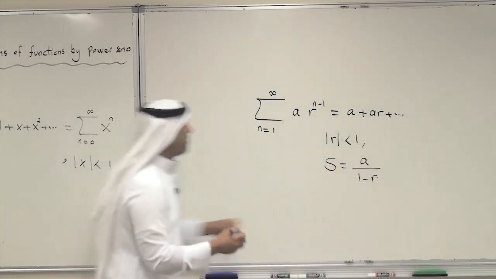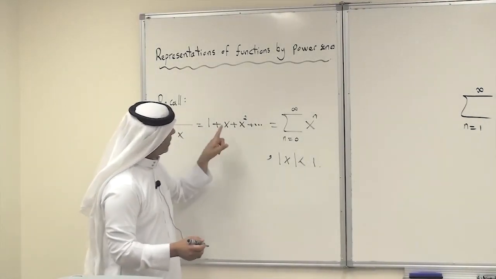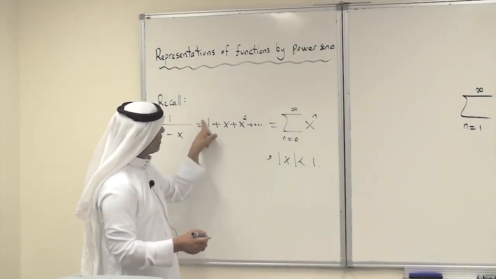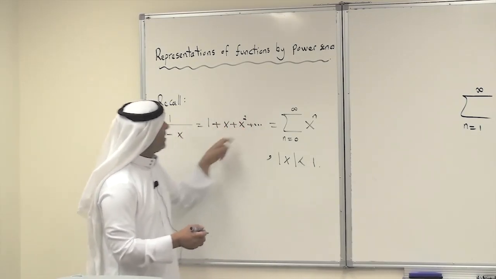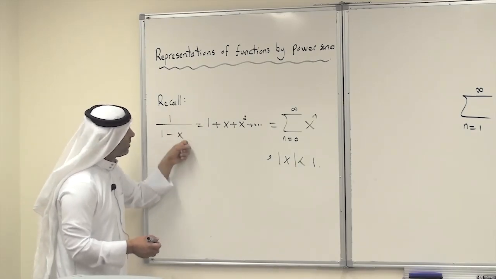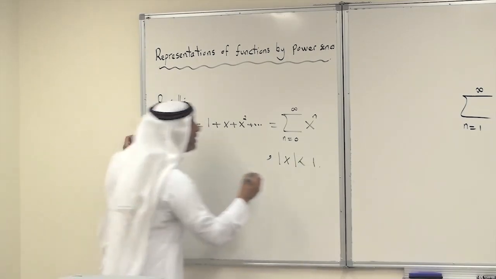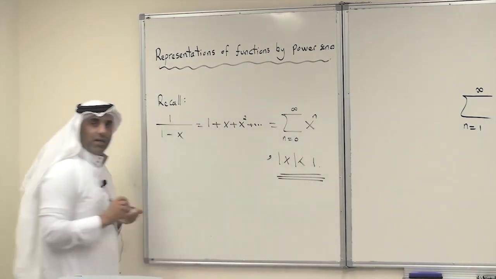If we apply this formula, we have a geometric series whose ratio is x, because x over 1 is x, x squared over x is x, and etc. So the sum of the series will be just a, which is 1, over 1 minus r, which is x. And we know that this makes sense only if the absolute value of the ratio is less than 1.